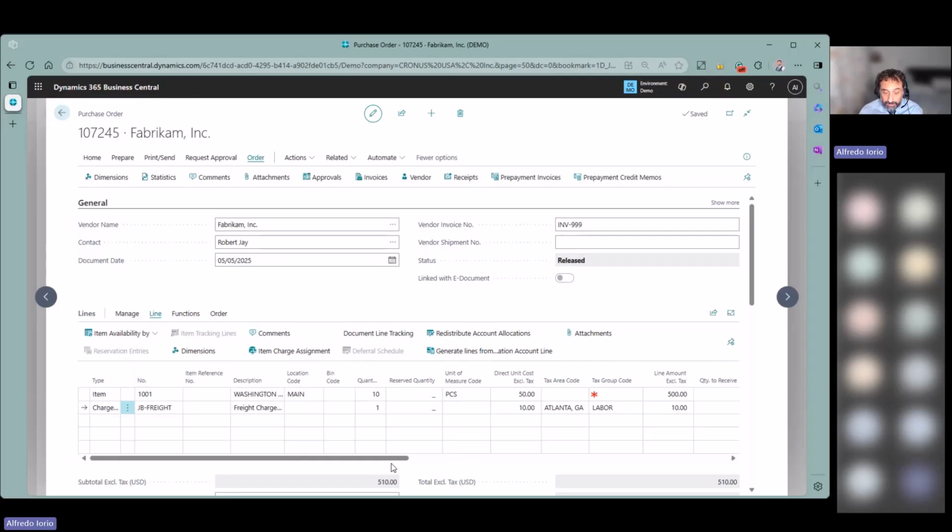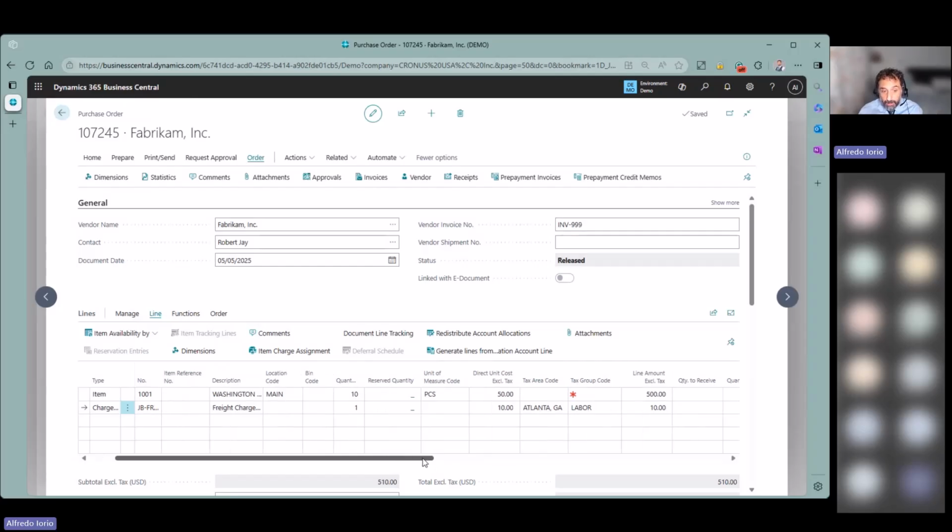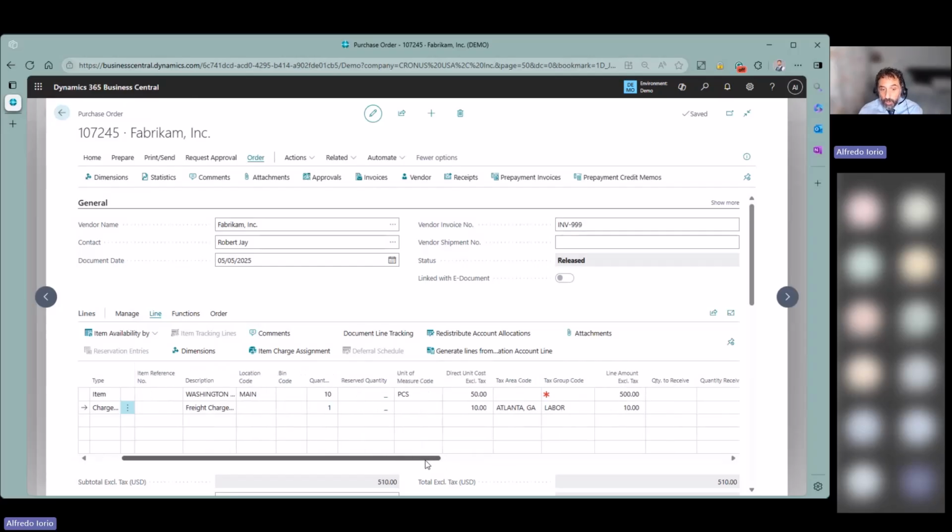There are extensions that can accrue essentially and post landed costs on receipts, but you need to get that extension. Standard Business Central doesn't do that. So again, discuss with your clients if they need that. Better get an extension in AppSource. Trying to develop something that does the job is very difficult. So I'd rather get an extension, because the job is pretty much done for you.